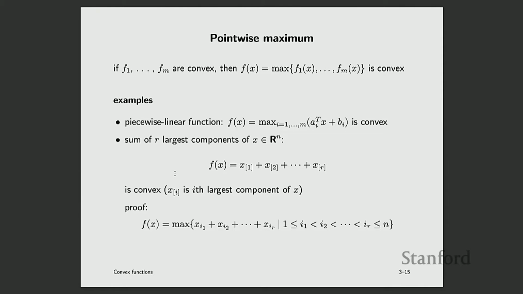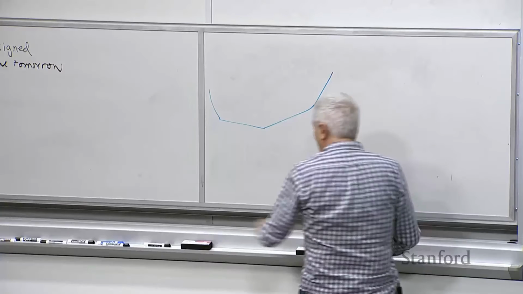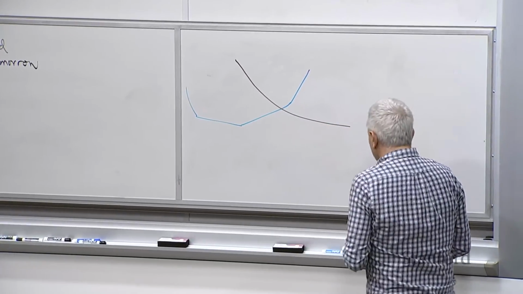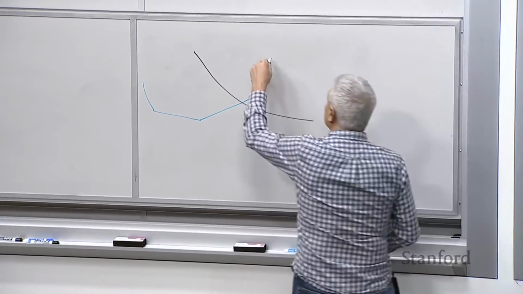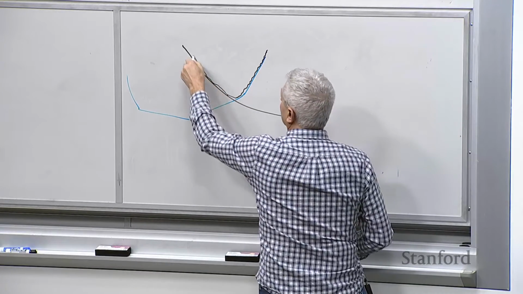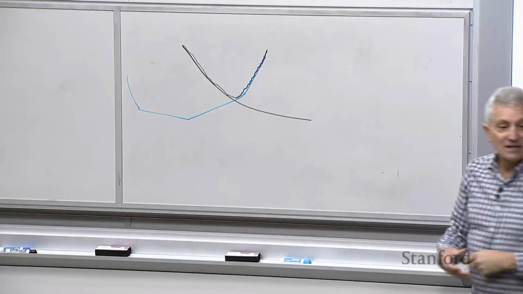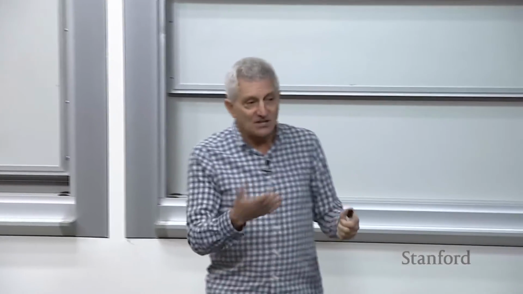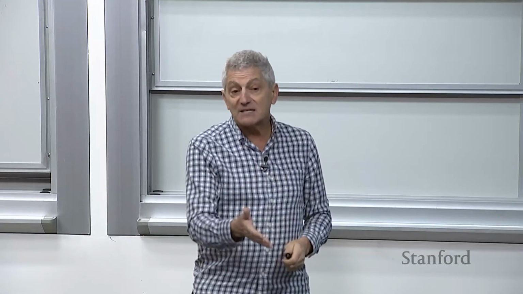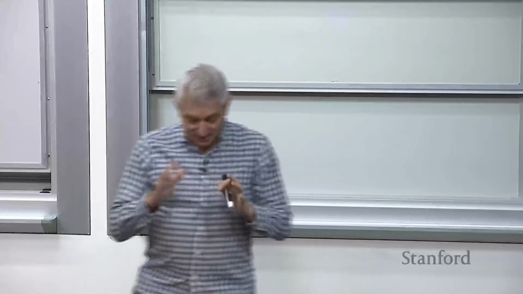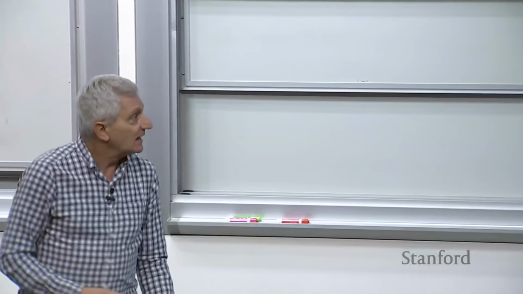If I have one convex function here, another one over here, and another one here, then the pointwise maximum is going to be this function here, like that. Your eye tells you that's convex, and it's not hard to show this. So the maximum of a bunch of convex functions is convex. That's a basic thing.